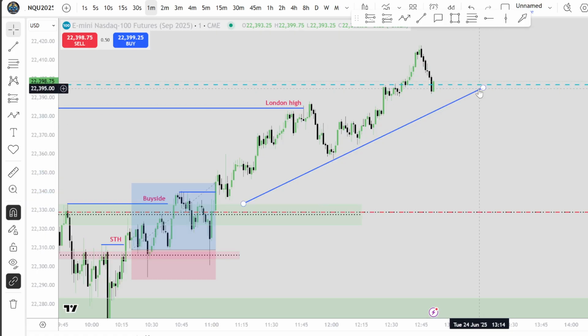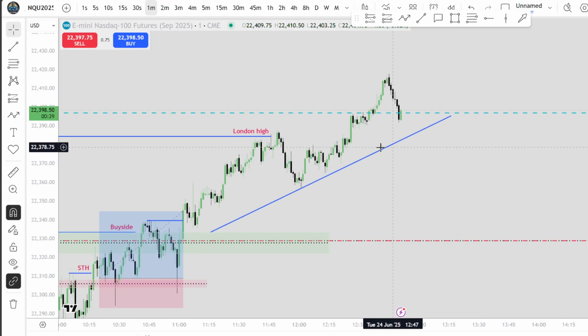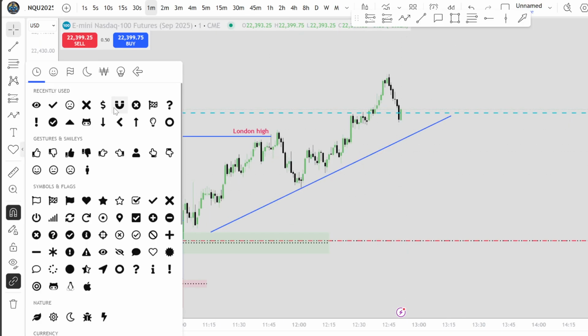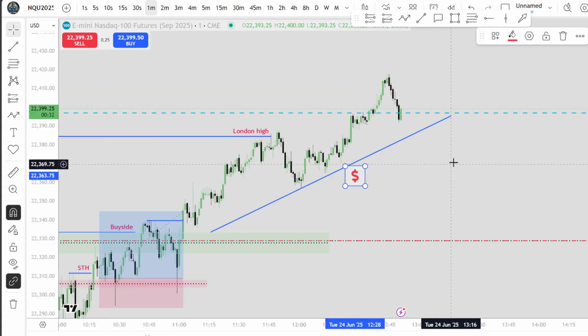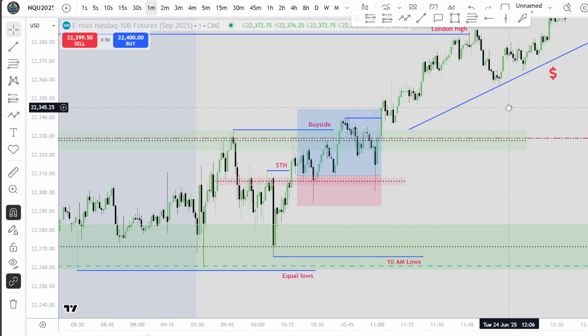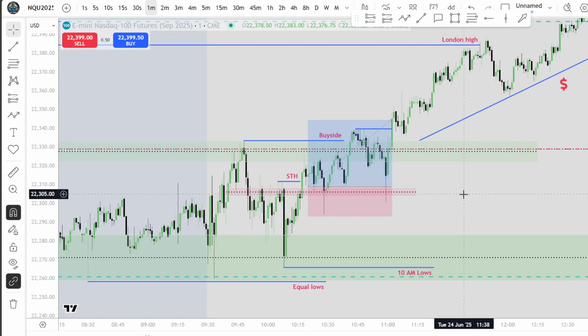So my bias is still bullish, but I think we will nag on this liquidity. So this is how I go about analyzing the market pre-session.